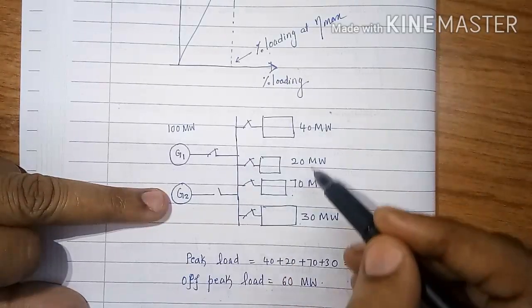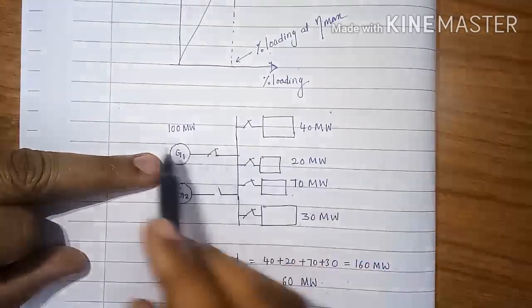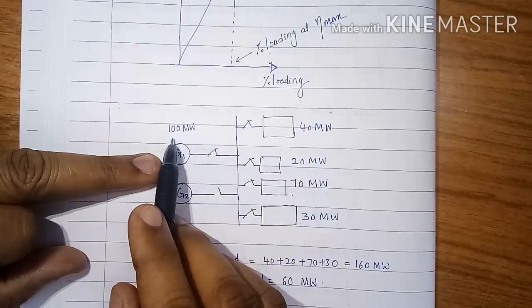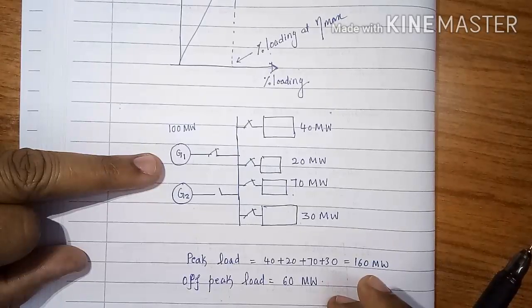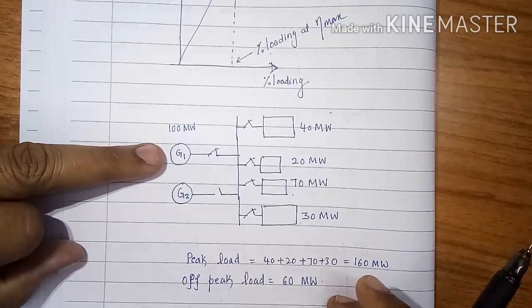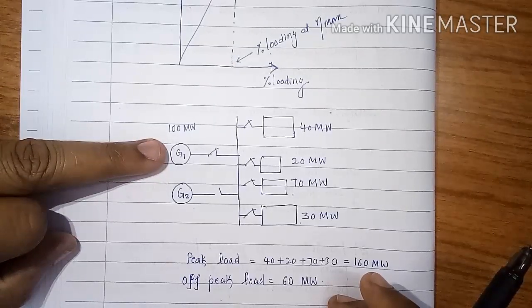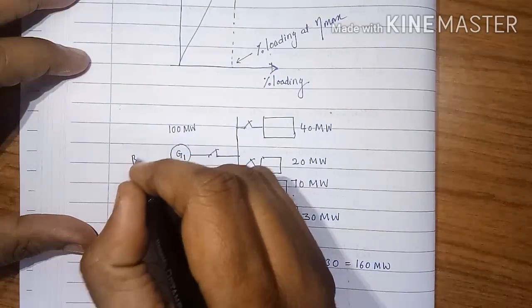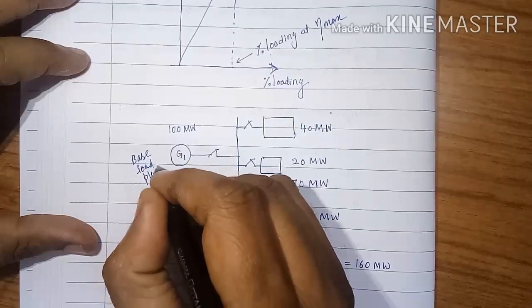For any combination of the load here which is equal to 100 megawatt or less than 100 megawatt, only the 100 megawatt generator will be sufficient to supply the power. So, up to 100 megawatt generator G1 can supply power to the load, and this generator is called as base load plant now. Base load plant.